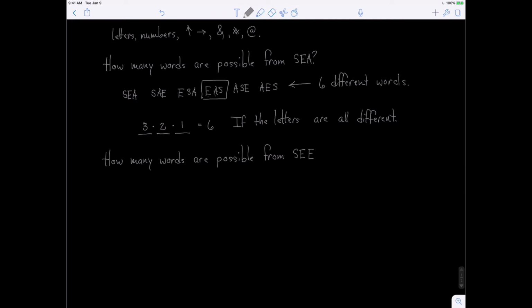Well, here we go. First off, let's treat this as if all the letters are different. For example, if I write S-E-E, I could also write S-E-E. And we may say, but that's no different. And you're right. But in a way it is, because I actually switched the order of the 2 E's.